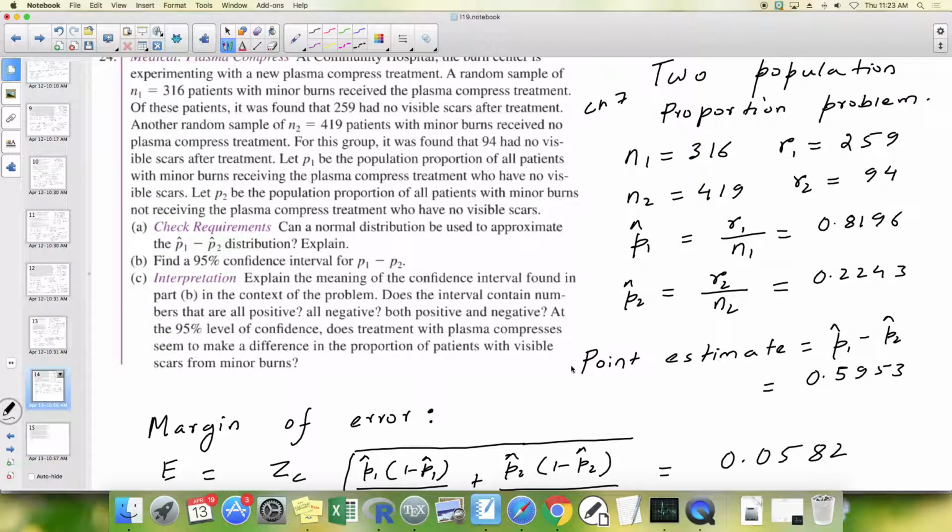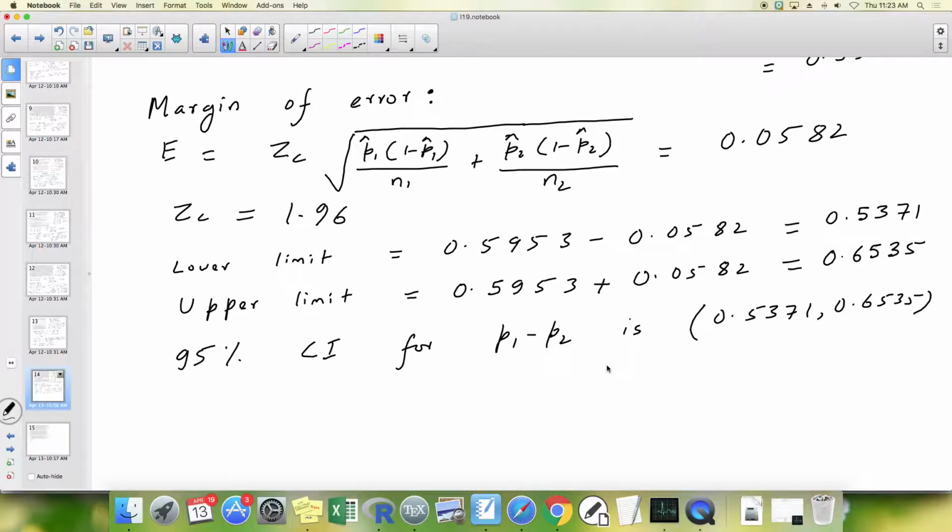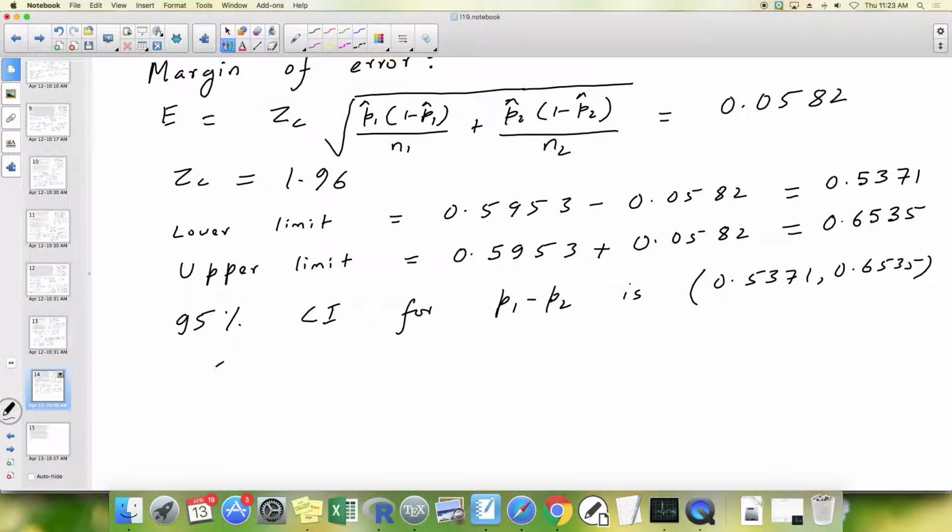Now, explain the meaning of this. So the CI does not contain 0. That much we can agree. Hence, P1 minus P2 cannot be 0. It tells us P1 minus P2 ranges between 0.5371 and 0.6535.